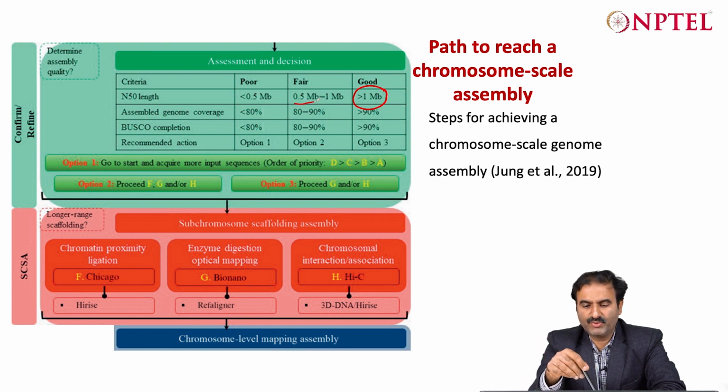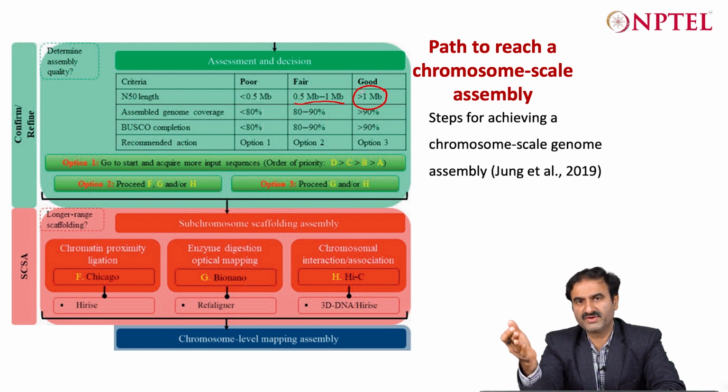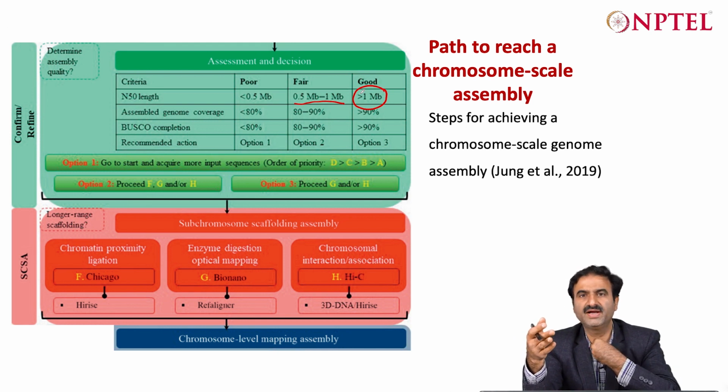If it is 0.5 to 1 MB, again it is kind of fair. Basically this tells you that 50% of your contigs are bigger than 1 MB, which means you already have a good quality assembly in hand.